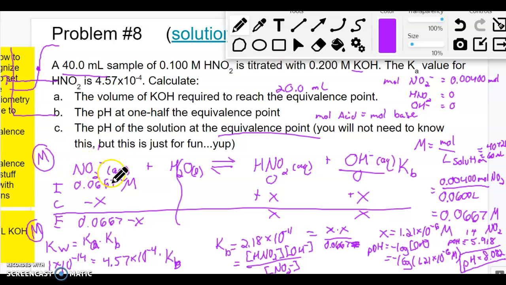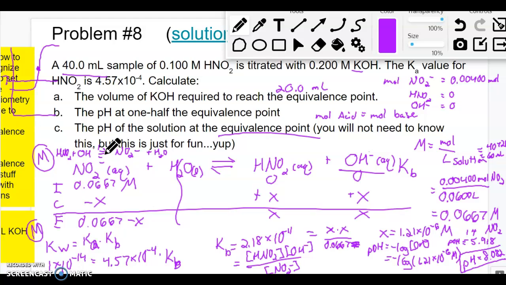Just something else to keep in mind too is that this equation that we rewrote for the ice table is the same as the equation from the BCA table, from the stoichiometry. You can run with it originally as OH minus, where we said our HNO2 plus OH minus goes back and forth and gives you NO2 minus and H2O.